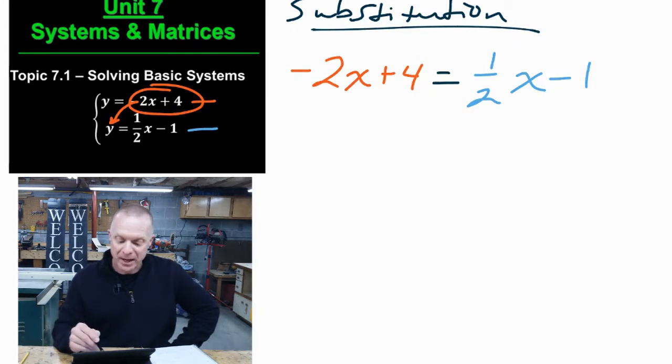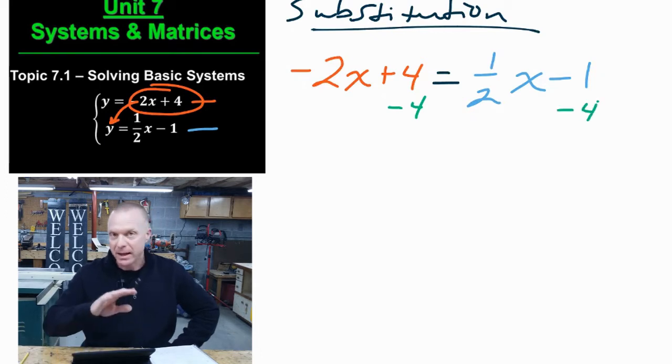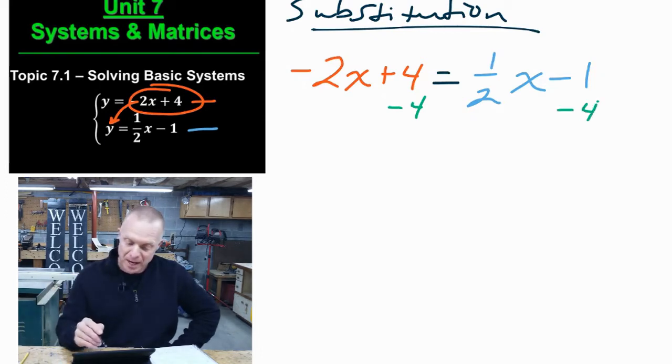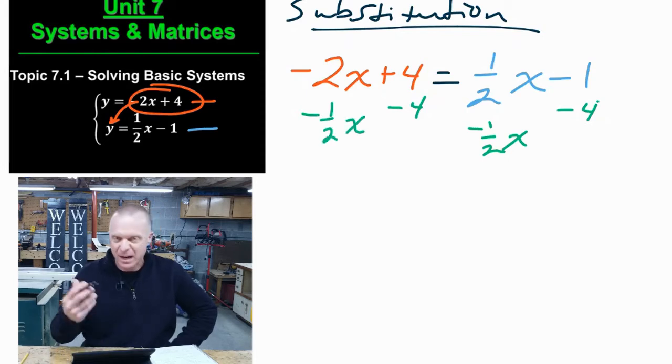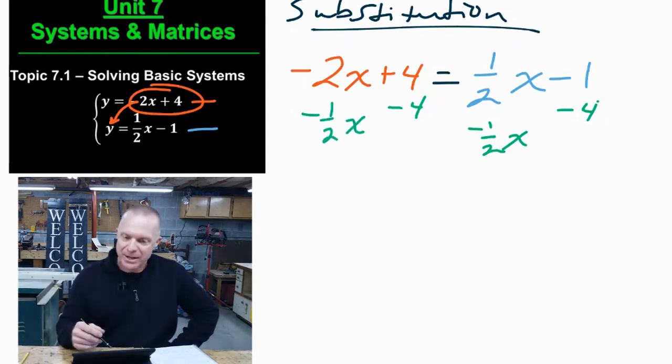What we want to do is gather up the x's, that is, move the x's to one side of the equation and move the numbers to the other side of the equation. I feel like I could subtract 4 from both sides. That's definitely legit. And if I want, I could subtract 1/2 x from both sides. It is a fraction. It's kind of a pain, but I can do it, right? Now, if I subtract 4 from both sides, then we end up with negative 5.